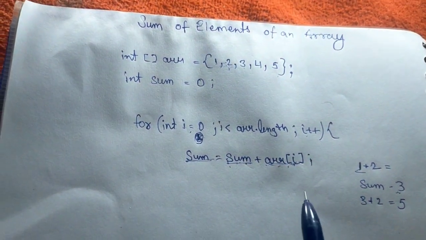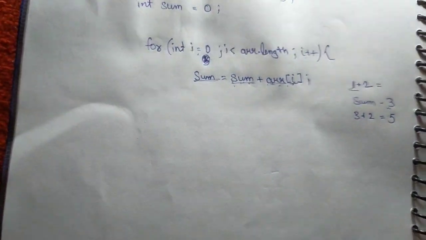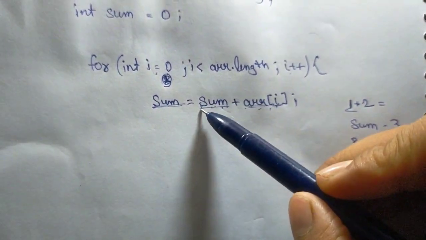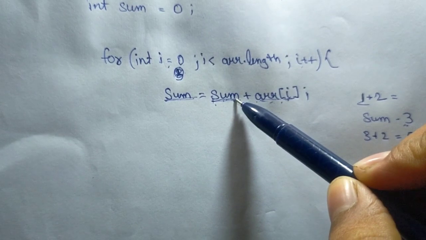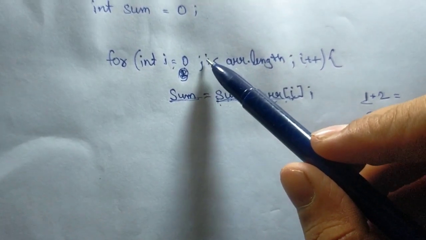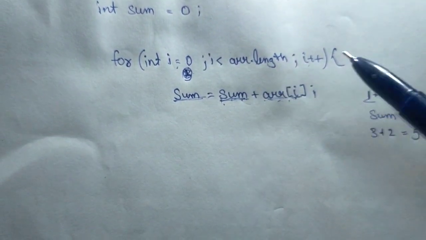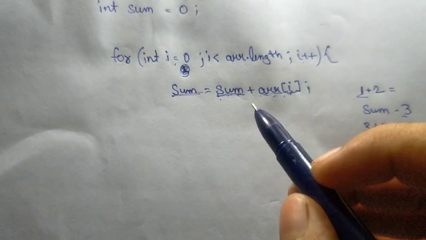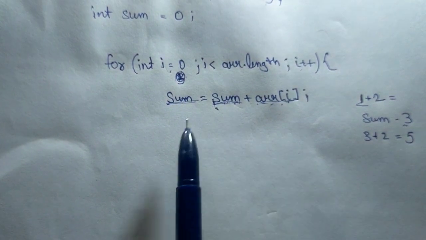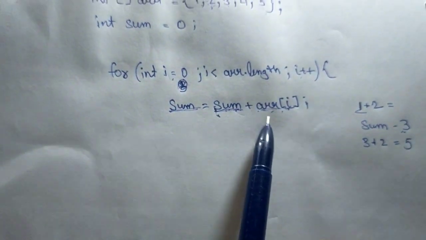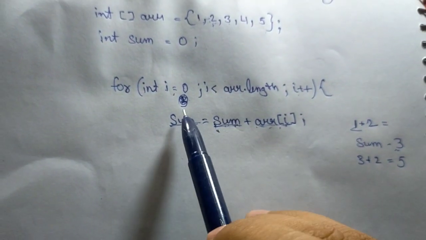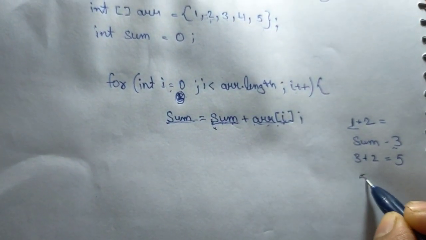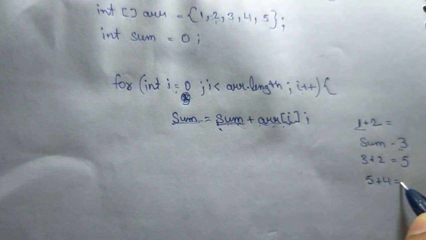Now it will check if 3 is less than array.length. Yes, it is true. So in this the initial value of sum is 5 and arr[i] is 4. Okay, then the sum becomes 5 plus 4, it is 9.